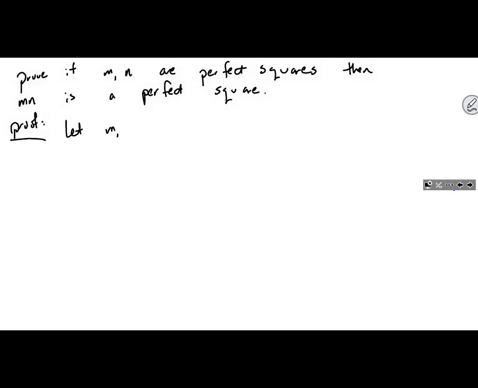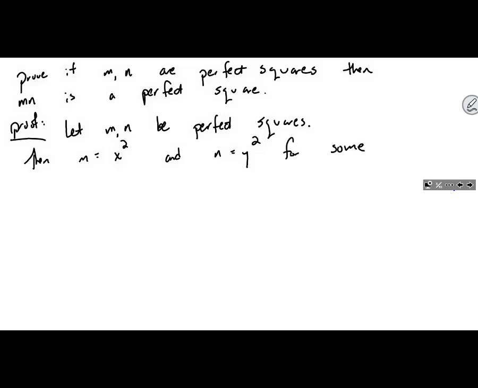Let m and n be perfect squares. I get to assume the hypothesis, in this case, is true. Then m equals x squared and n equals y squared for some integers x and y.